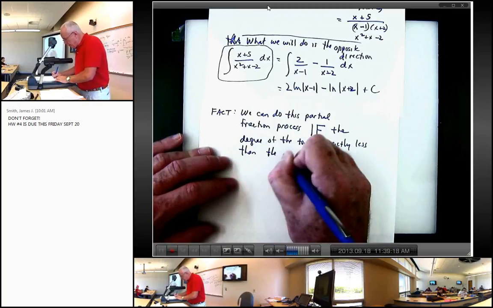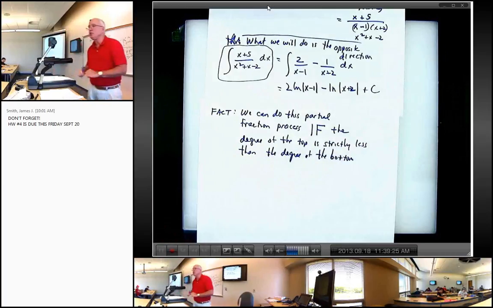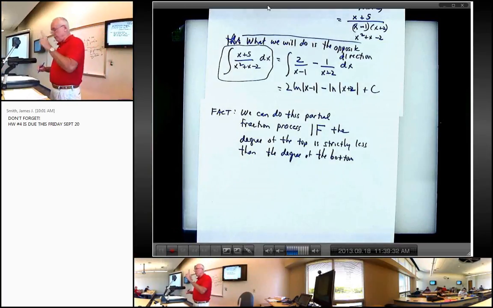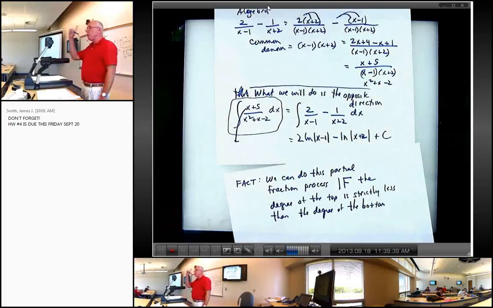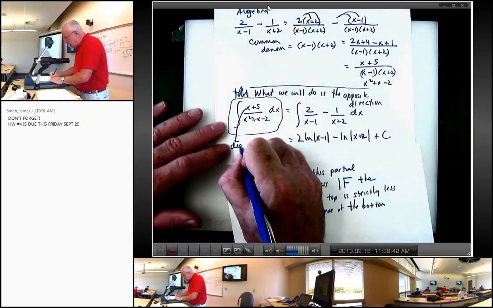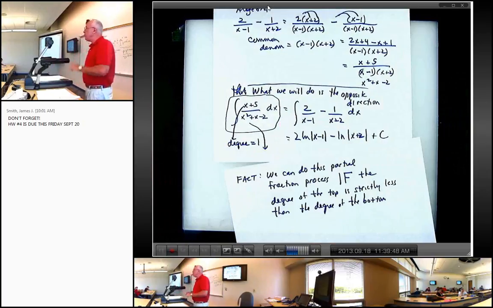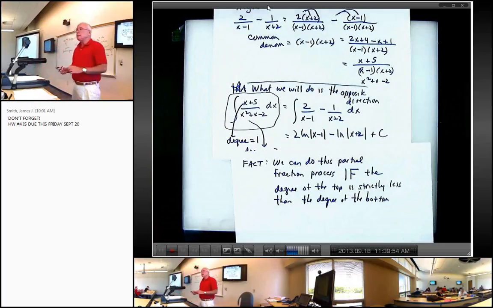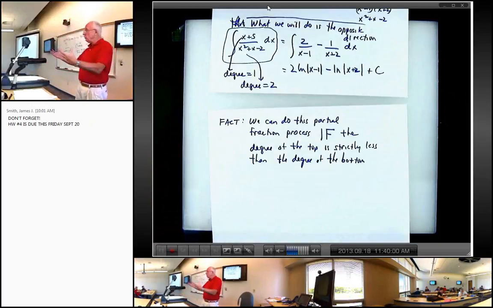Now, let's refresh ourselves on what we mean by the degree of a polynomial. It's the biggest exponent in the polynomial. Going back to this example, the top has biggest exponent 1, x to the first, so it has degree 1. The bottom has biggest exponent 2, so it has degree 2. So we can break this up using the partial fraction technique because the degree of the top is less than the degree of the bottom. All right?